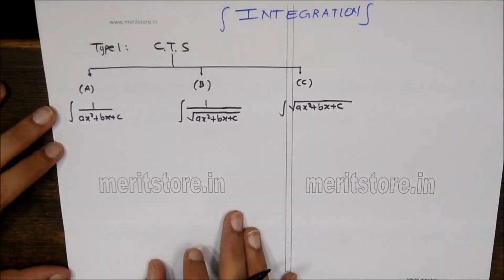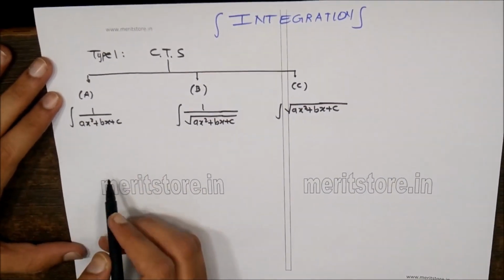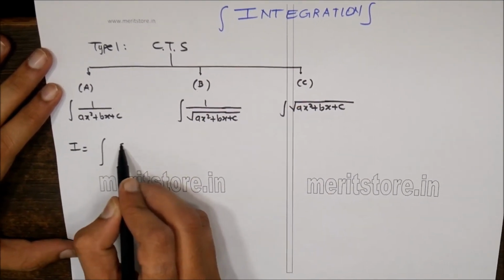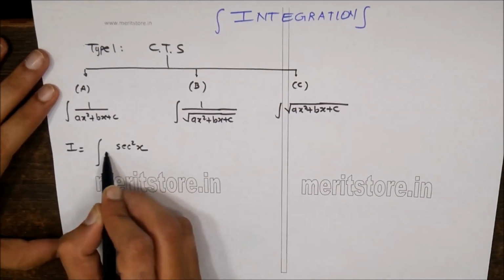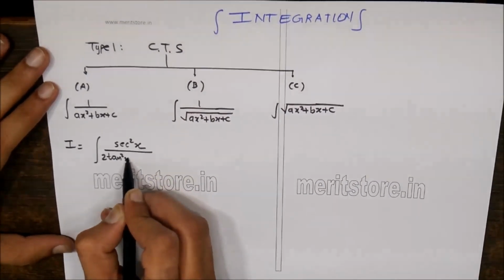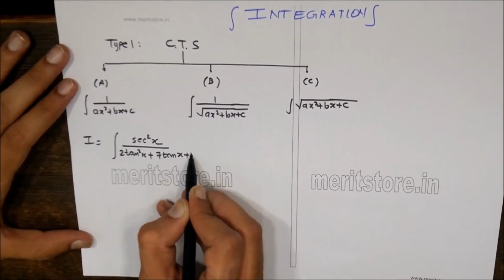Starting with CTS A. Example of CTS A. We'll take up an example of, say, integral of sec square x upon 2 tan square x plus 7 tan x plus 13.